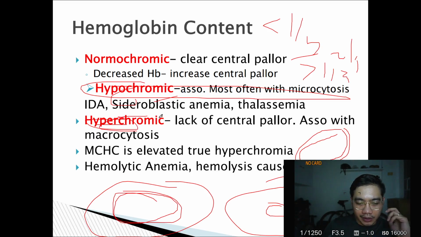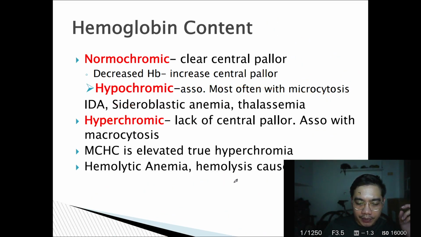Sorry. Hyperchromic is a lack of central pallor, meaning there's no central pallor, just round. So what happens with hyperchromic, instead of having a central pallor, is just round.